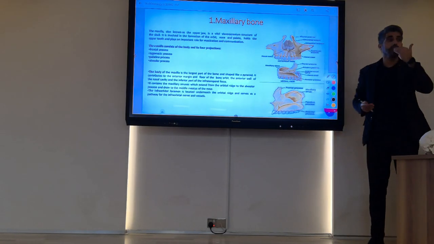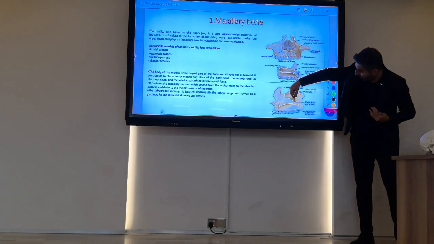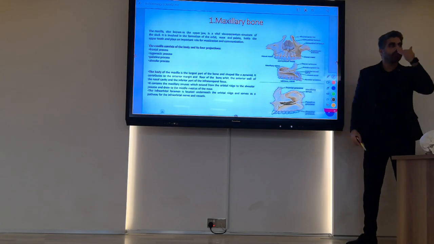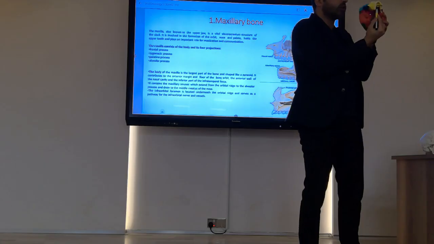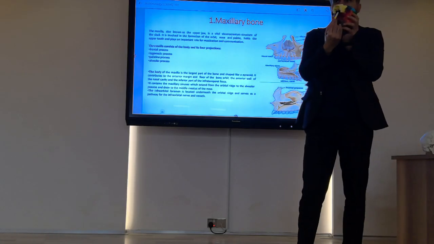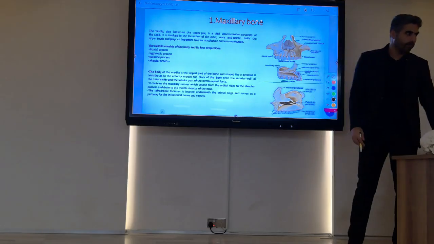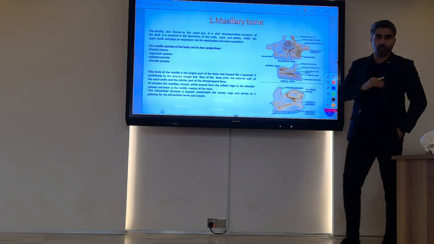Where is it? In the hard palate. It's here, the roof of the oral cavity. This yellow color is the palatine process, the anterior side of the hard palate. Look at the maxillary sinus inside the body.